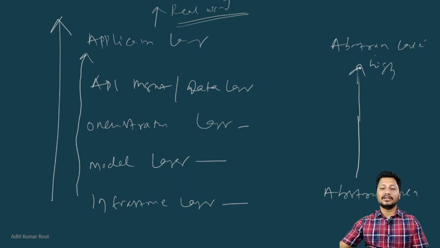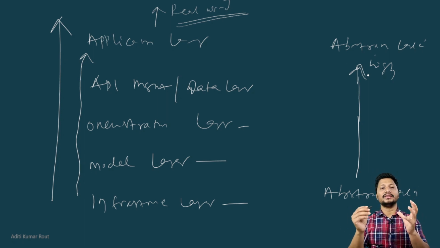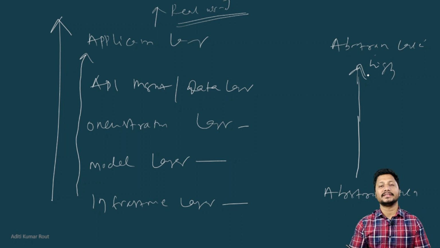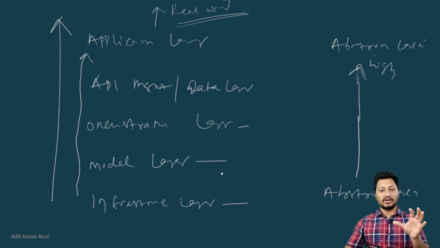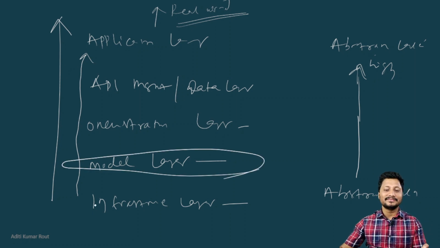This is basically the basic concept of any architecture related to any generative AI tool. Generative AI is a concept which is specially used in modeling technique, in the modeling layer.